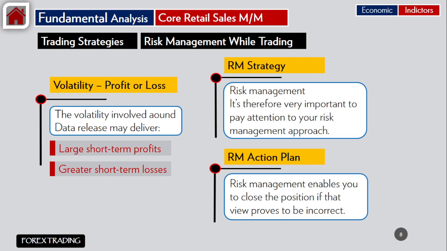You must have your risk management action plan in place just in case something does not go as you had initially imagined or analyzed. Then you must have something to fall back on, so that you can control your damage or losses to what you can actually tolerate. So this was an overview of retail sales and how we can take trades while we study the retail sales data on a monthly basis.